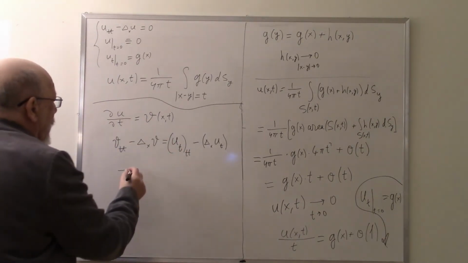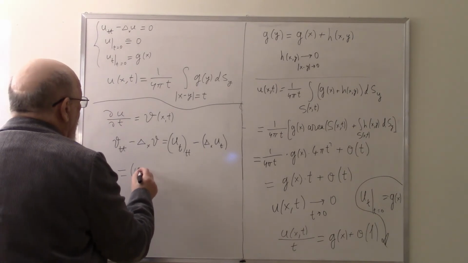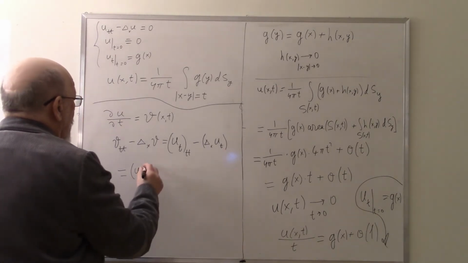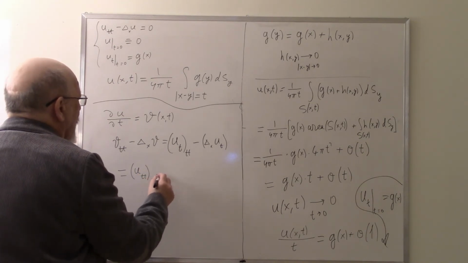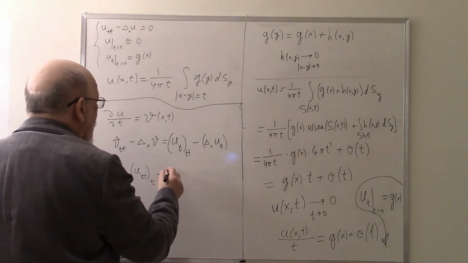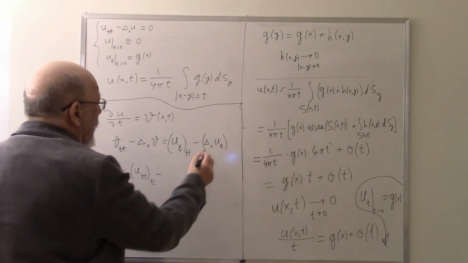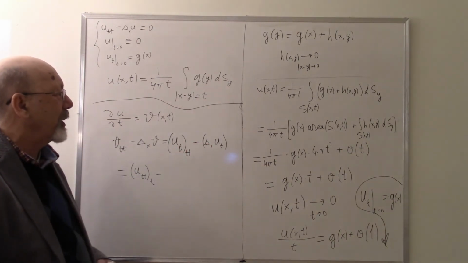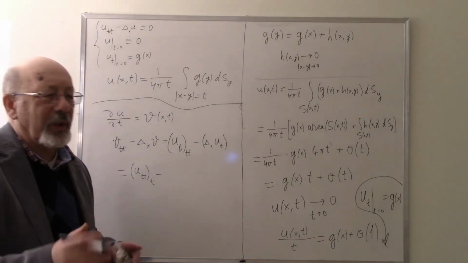t t minus Laplacian x of v_t equals. Let me write u_tt minus, we have derivatives with respect to x and derivatives with respect to t. They are commutative.